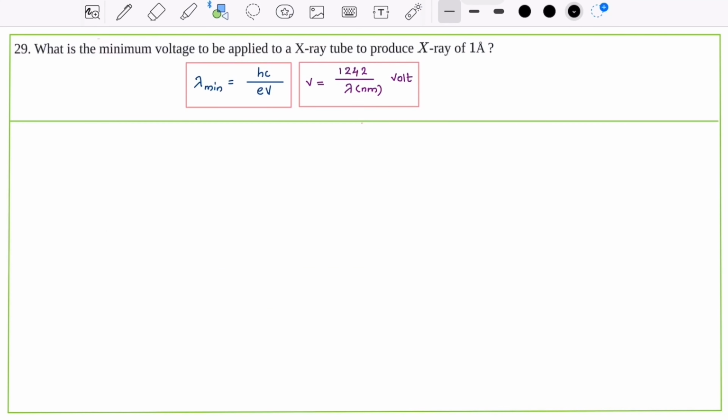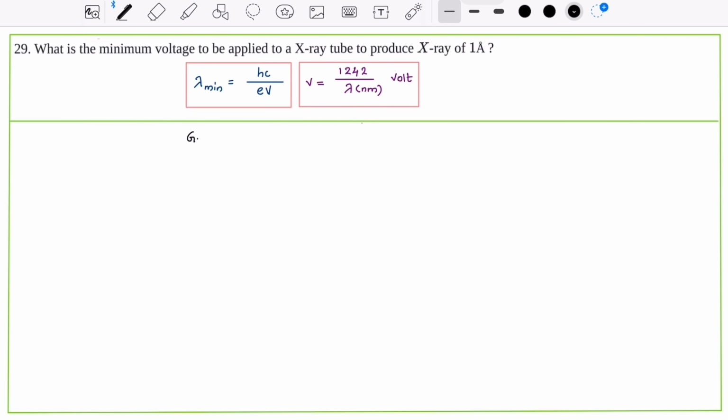The next question is, what is the minimum voltage to be applied to an X-ray tube to produce X-ray of 1 angstrom? We know that the minimum wavelength of X-ray which is produced from the X-ray tube is given by hc by eV, where V is the accelerating potential.